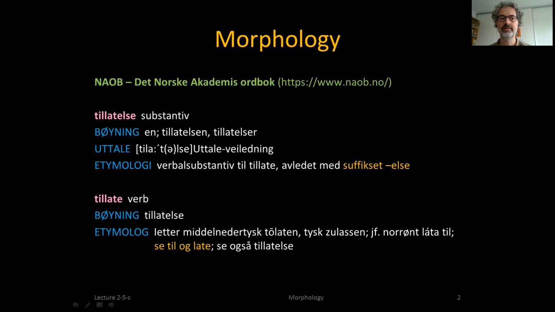It can be added to many verbs and always creates nouns that have a certain semantic relationship to these verbs. So these nouns express the action or the outcome of the verb. This is called derivation, and the morphological process that produces these forms falls under the domain of derivational morphology. Derivational morphology is quite extensive in Norwegian.